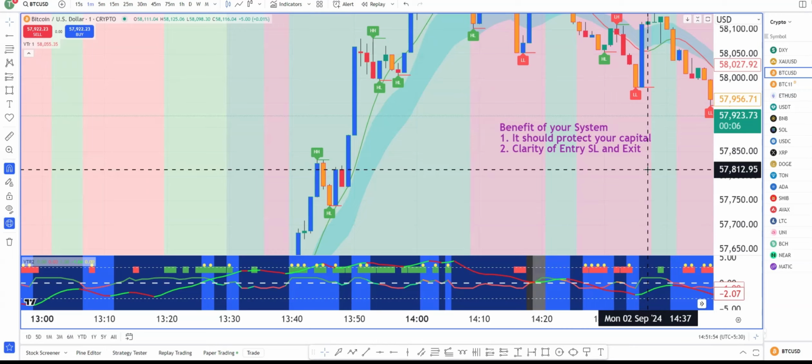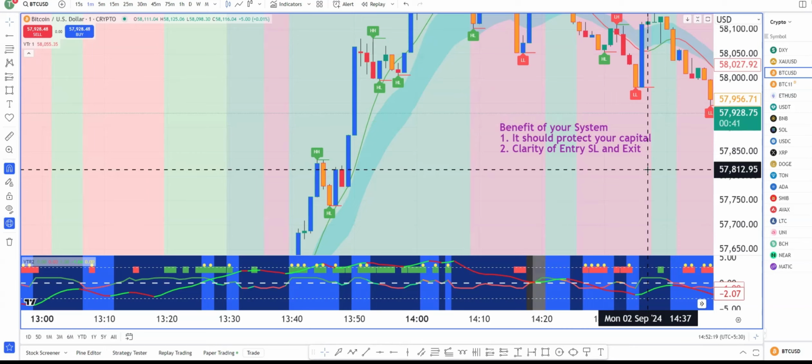majority of the time what people do, they take the trade and then try to plan how do I get out of this trade or how do I make profit of this trade? But if you know when to enter, if you have already planned your entry, your stop loss, your target, it's all done before you take the trade. Once you get into the trade, only 2 things can happen.